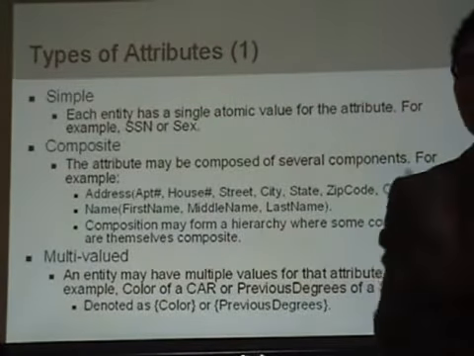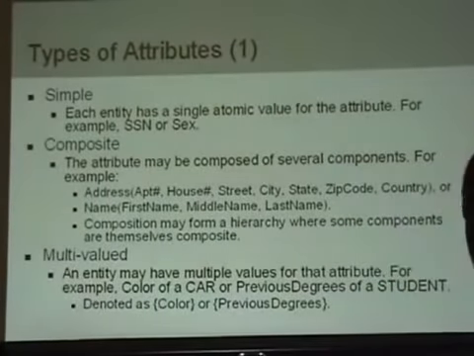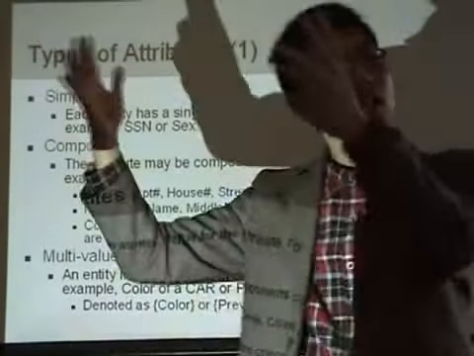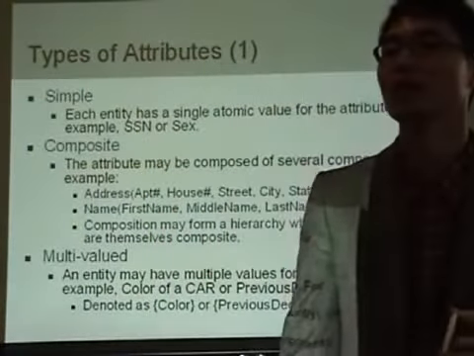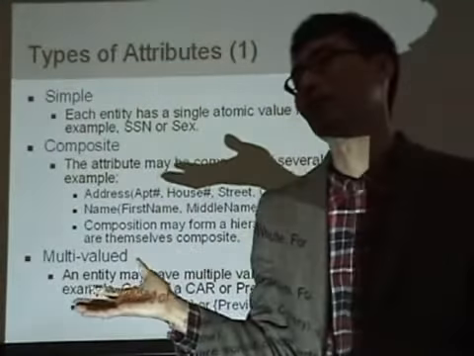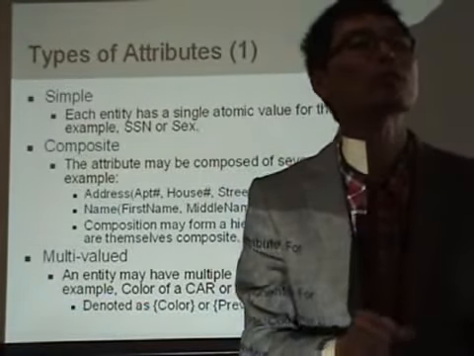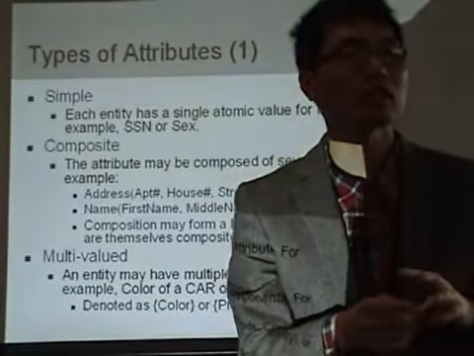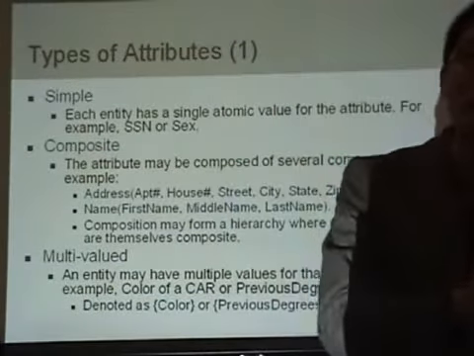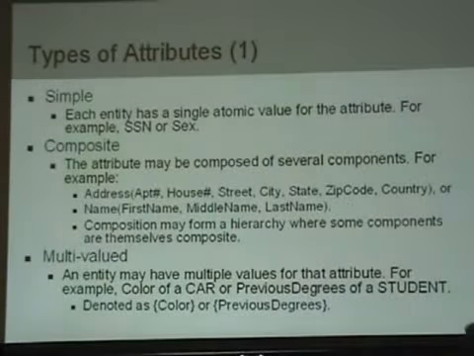Sometimes somebody may argue, why don't we have a bachelor degree attribute, master degree attribute, PhD degree attribute? Yes, that's doable. Or you can have just one attribute that is multi-valued, because all of them are degrees. It's up to you. Your decision is based on the customer requirement as well as common sense. Okay, that is a multi-value.